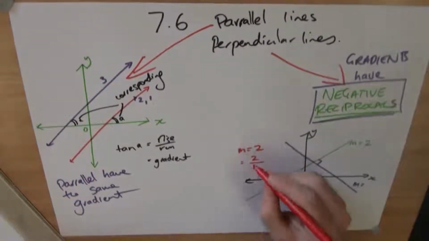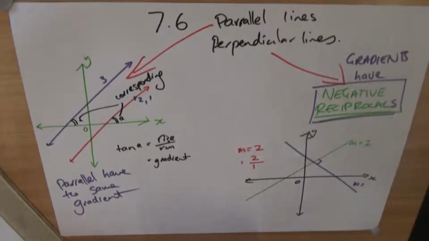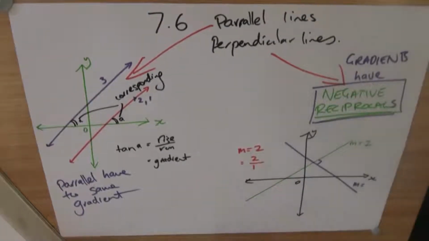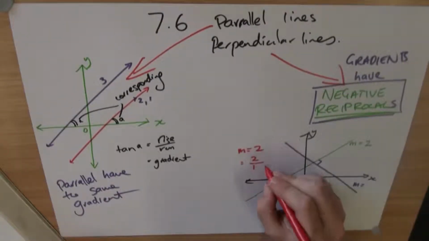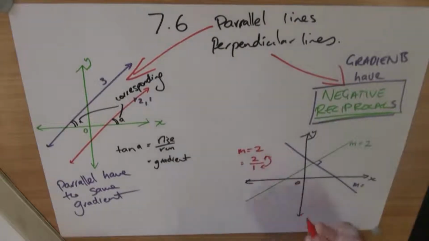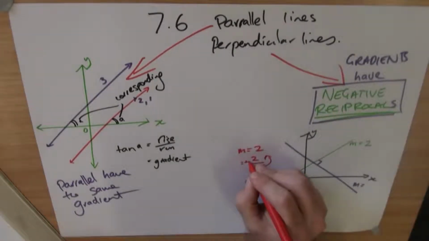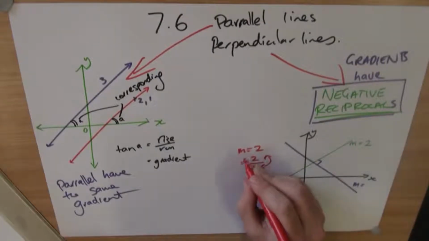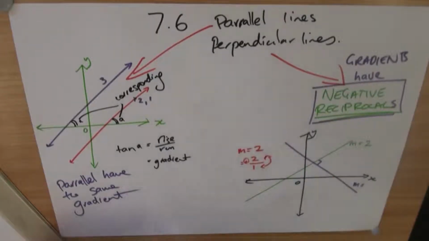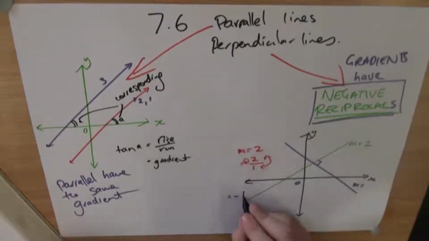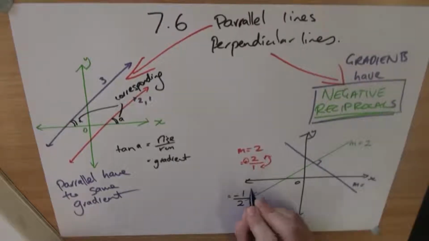Remember, there is always a secret invisible over 1 on every single number in the world. Okay, and now what we're going to do is flip this number and also flip the sign in front. So flip that sign, flip that number. So if we flip, we're going to get m equals negative, flip the sign, 1 over 2.